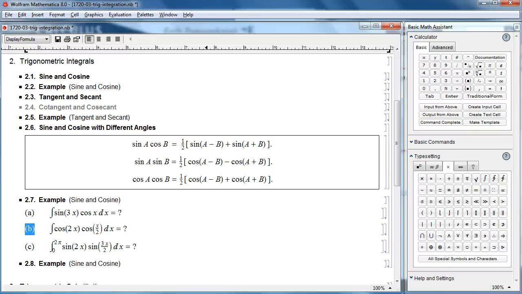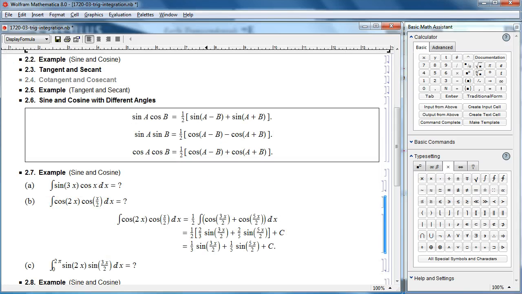Well, this is product of two cosine functions, so the third formula will apply. So you can rewrite this product into 1/2 times cosine of difference, so 2x minus 1/2 of x, generating 3/2 of x, plus cosine of sum, so 2x plus 1/2 of x, so we have 5x over 2.